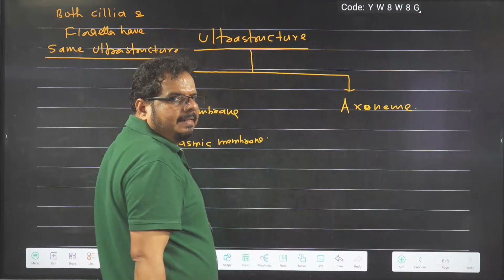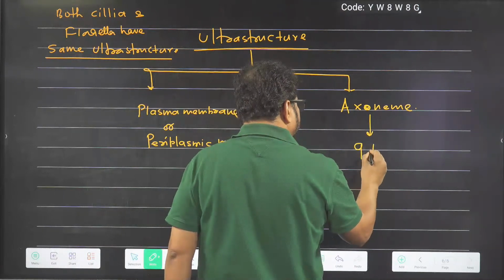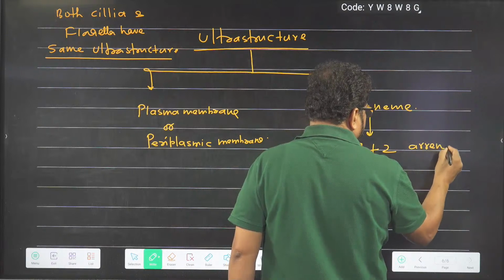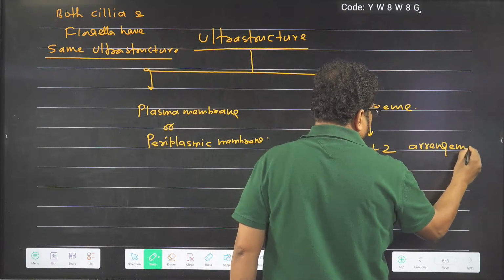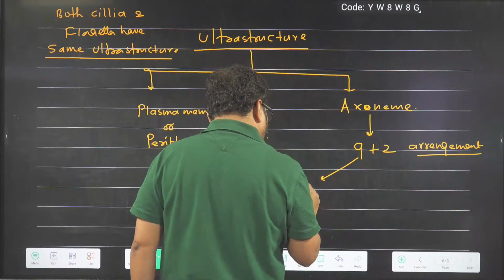And the axoneme has a 9+2 arrangement. What is this 9+2 arrangement?